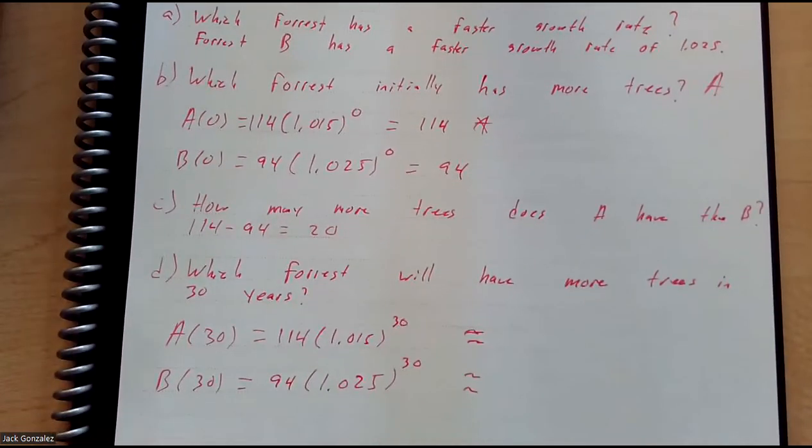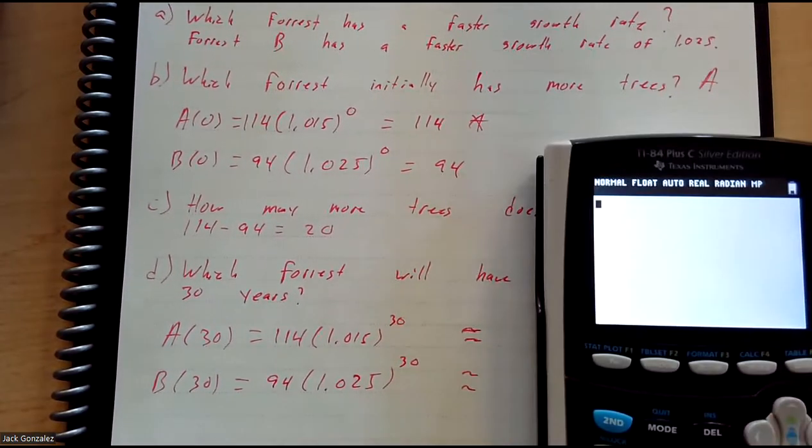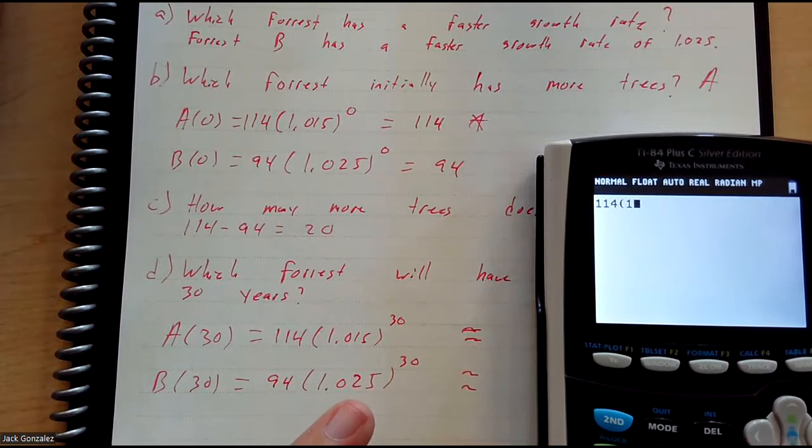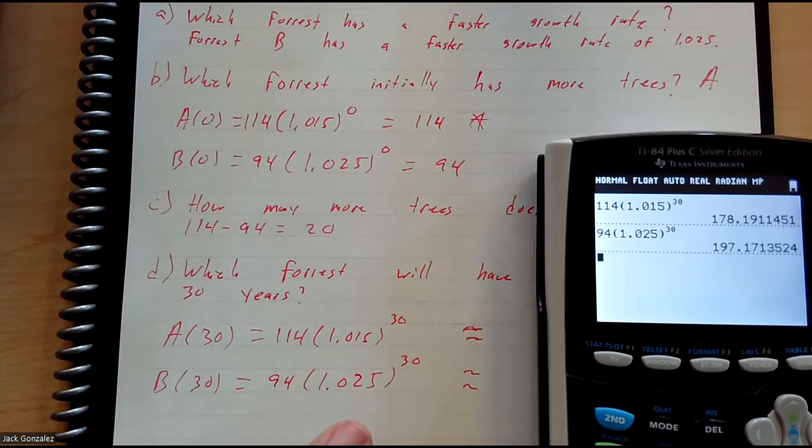At that point, you just gotta use a calculator. Let's see. 114 times 1.015 to the 30, and 94 times 1.025 to the 30.